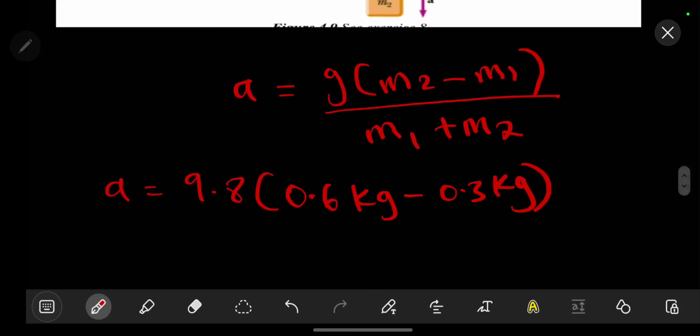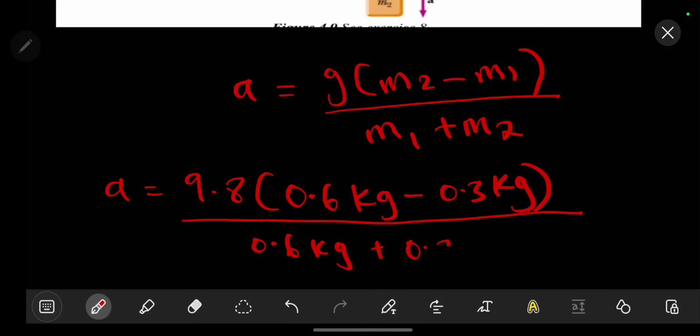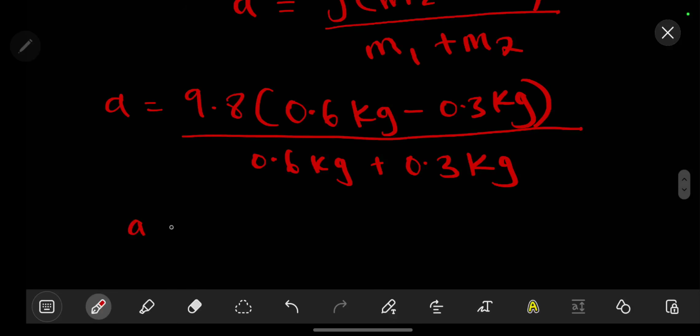Then over, we have our M1 which is 0.3 kg plus our 0.6. So acceleration is equal to 9.8 times 0.6 minus 0.3. When we subtract them, we get 0.3.